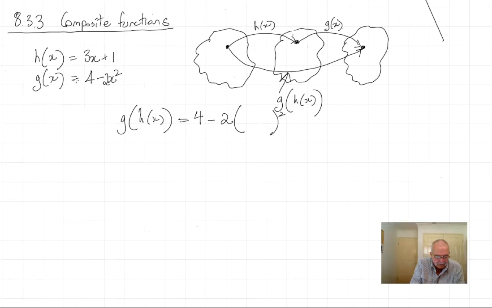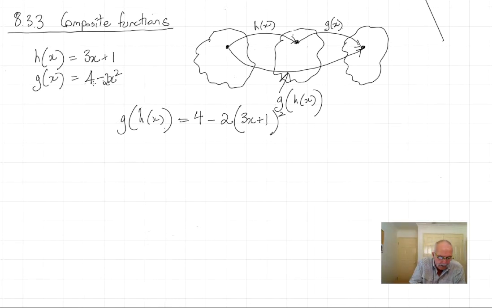The g function is 4 minus 2 times something squared. This something is the h of x. This is what this means. This is why I've got the brackets here. So inside here is the h function, which is 3x plus 1. So it goes in the brackets.